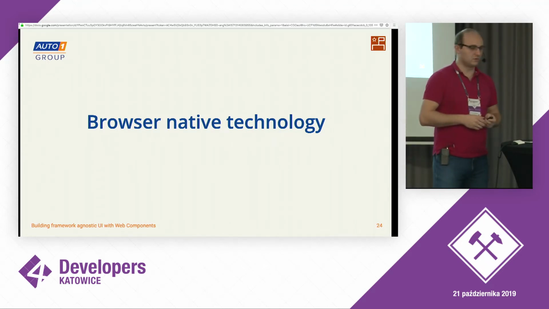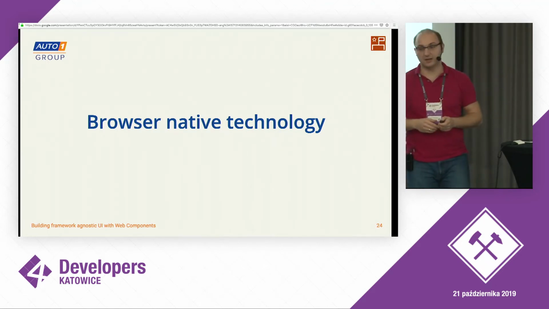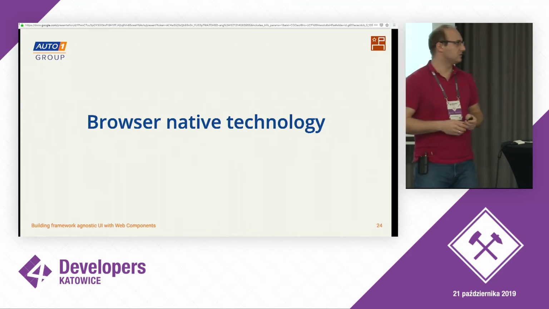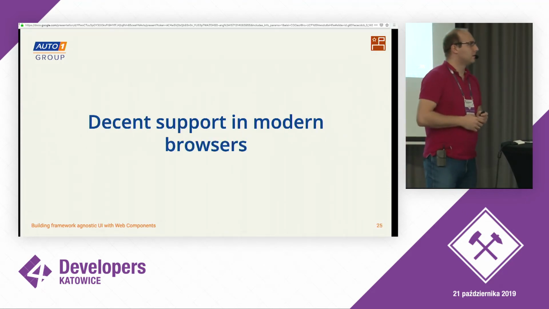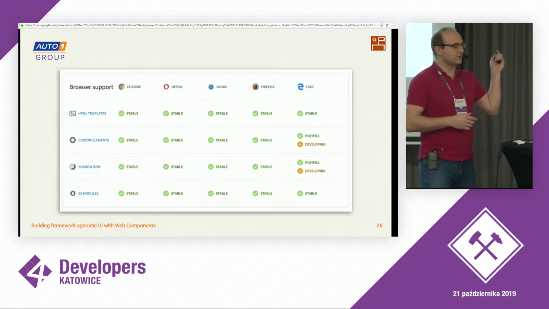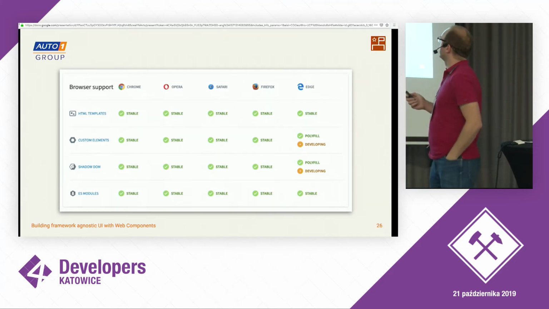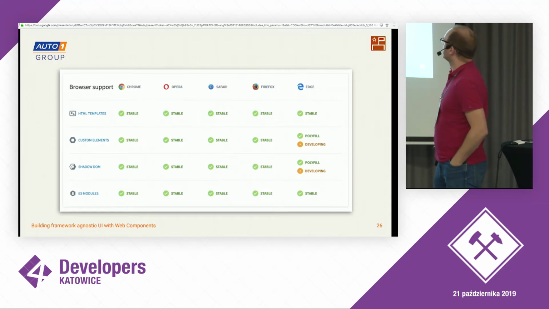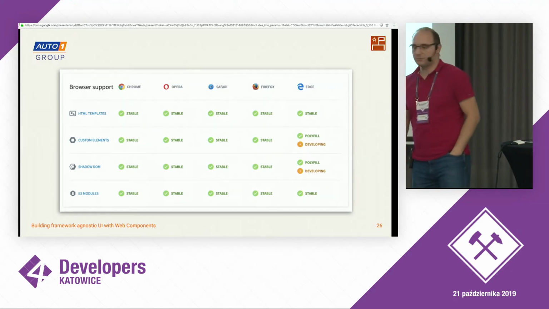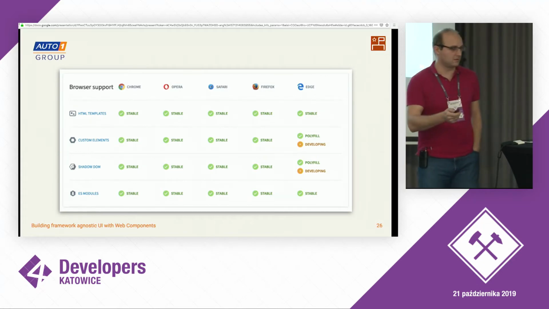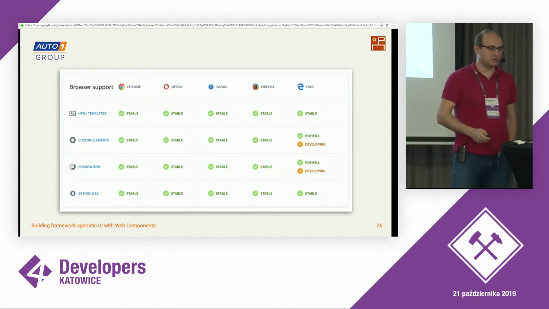If you need to support other browsers like IE11, it's also possible. Here you can see the list of browsers that are natively supported. As you can see, Edge needs some polyfills in order to use web components in the projects.